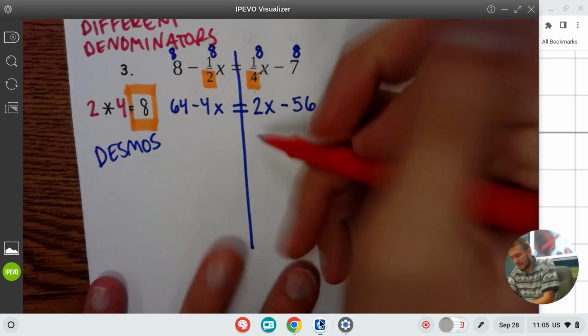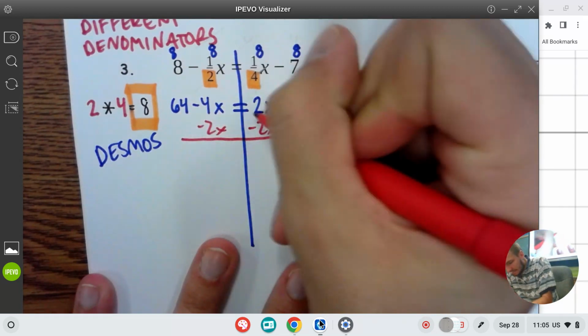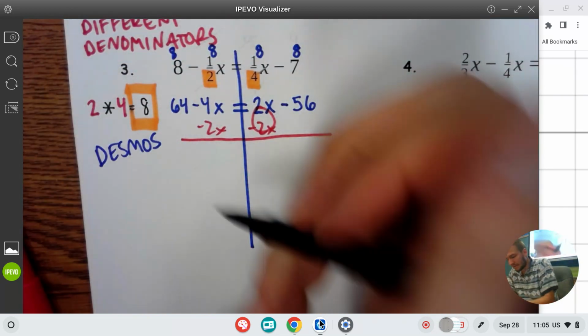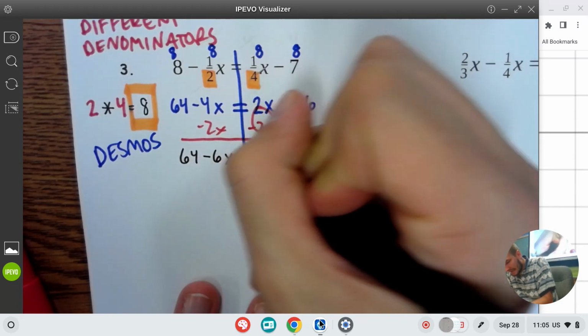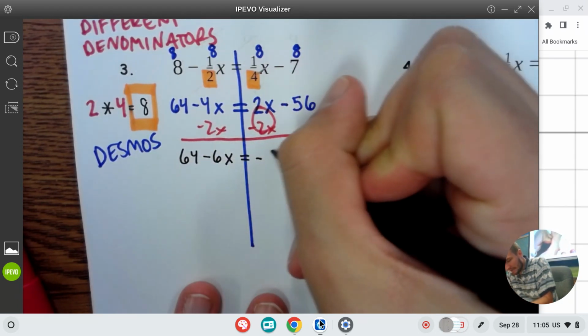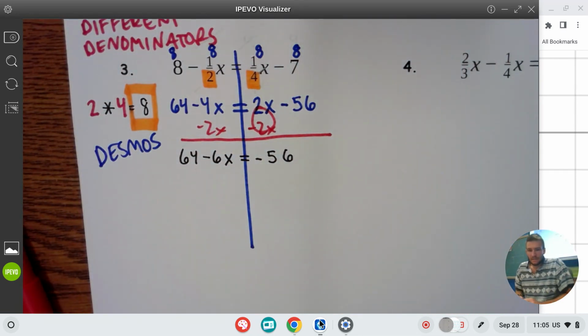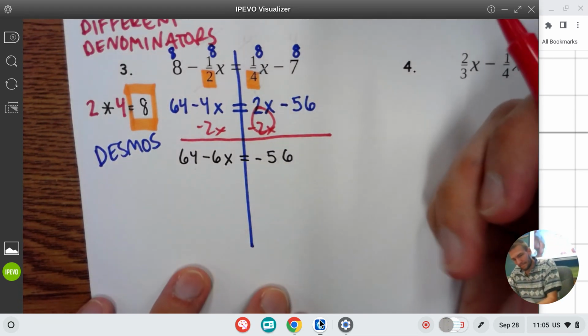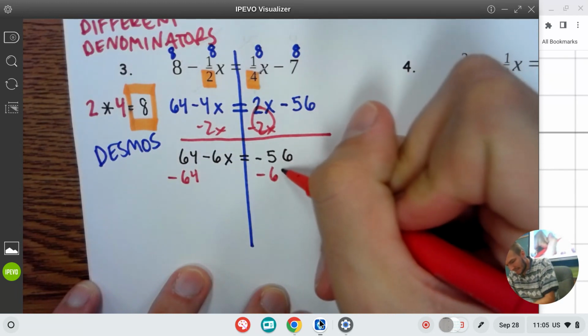Minus 2x, minus 2x. 64 minus 6x equals negative 56. We're going to need to do minus 64, minus 64.